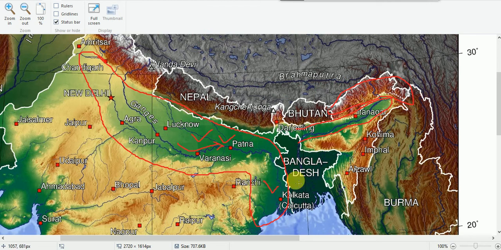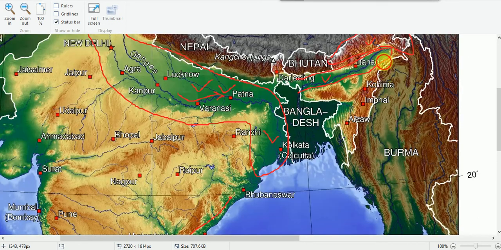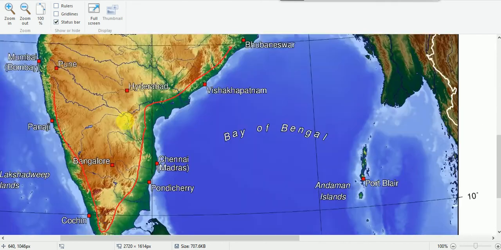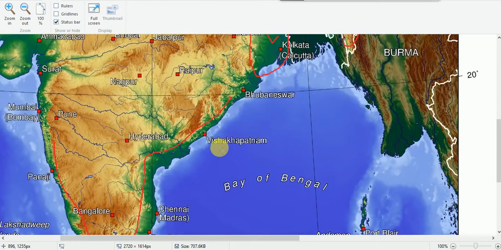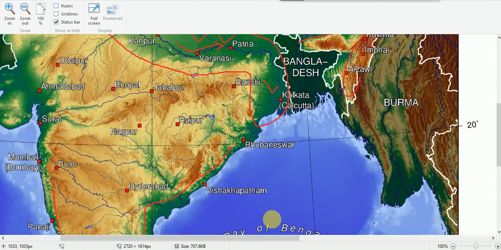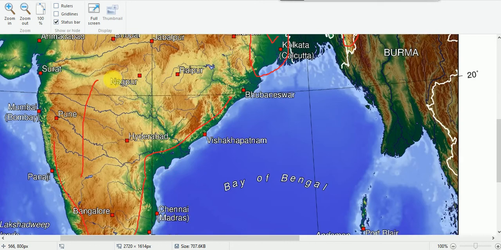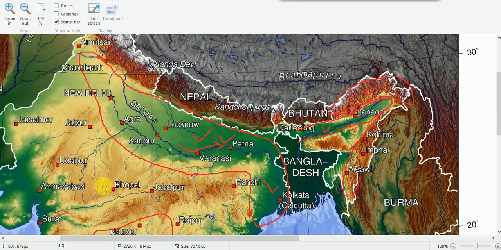These plain areas and valleys have more people than other areas, like the hilly tracts of Arunachal Pradesh and northeastern states like Nagaland, Manipur, Mizoram. And we have learned that coastal areas have more people than the interior parts of the plateau areas.